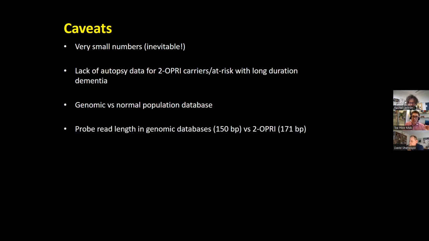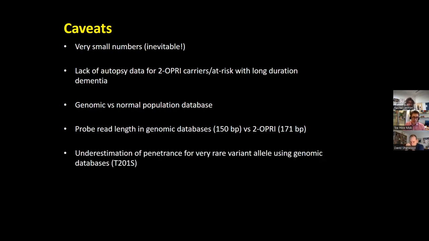And of course, in some of the genomic databases, the probe length is 150 base pairs, but in 2 octapeptide repeats, your base pair number is 179. So there's a possibility that we're underestimating the allele frequency in these databases.